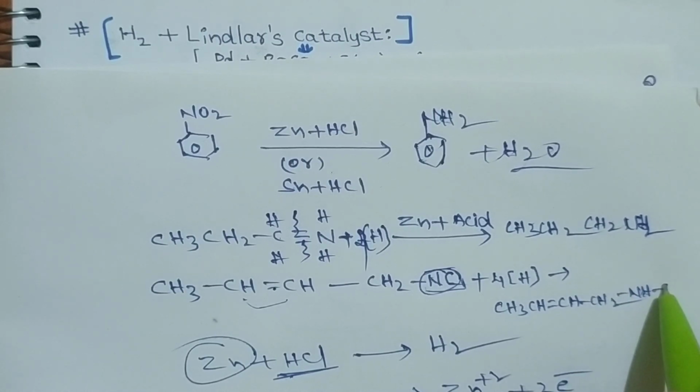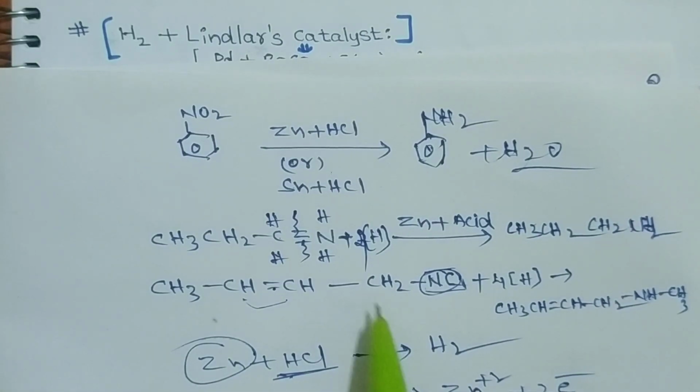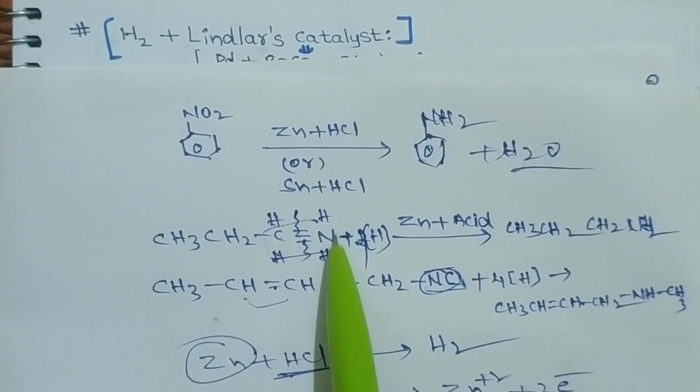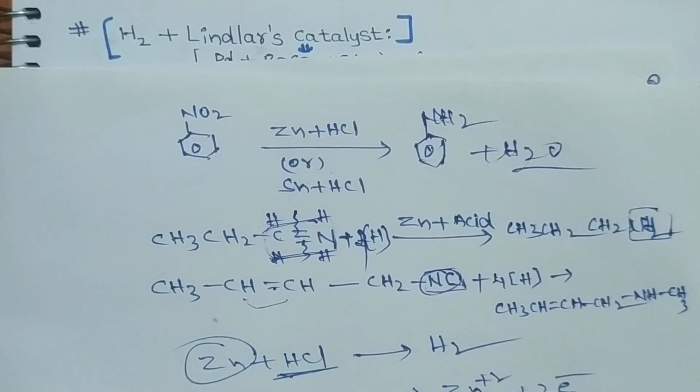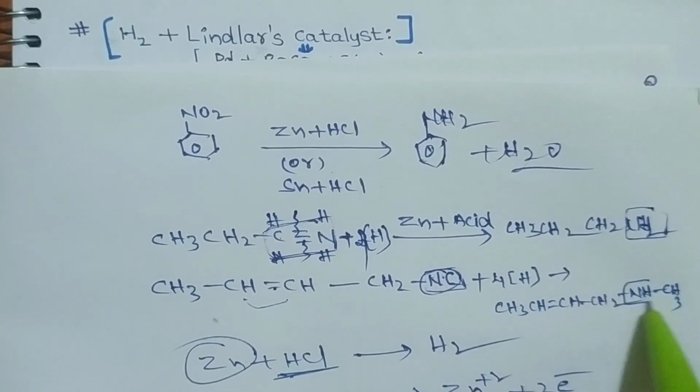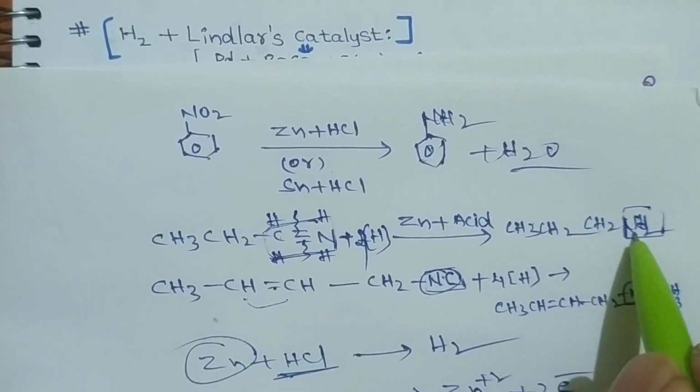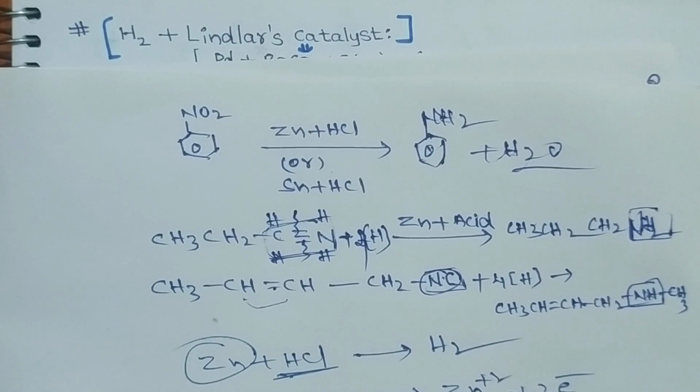Cyanide is converting into a primary amine. Isocyanide is converting into a secondary amine. This is a primary amine. Okay, thank you.